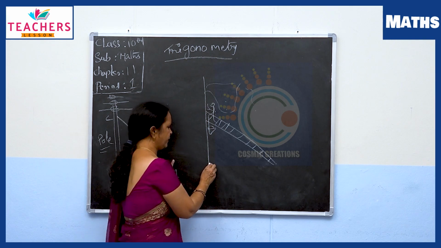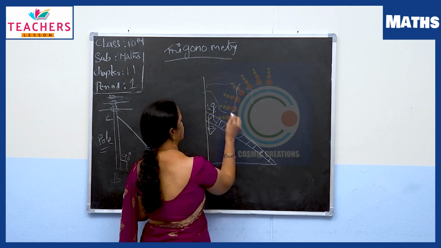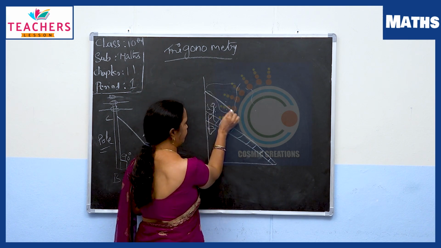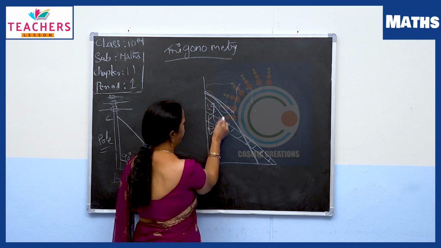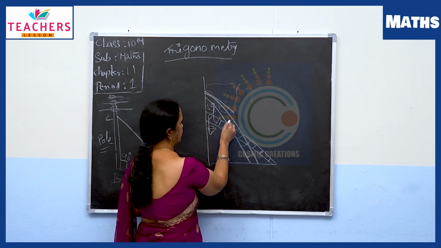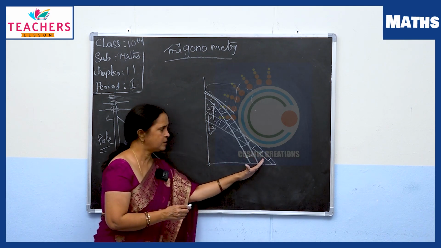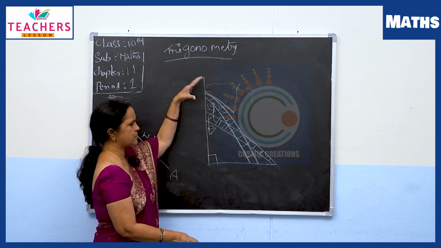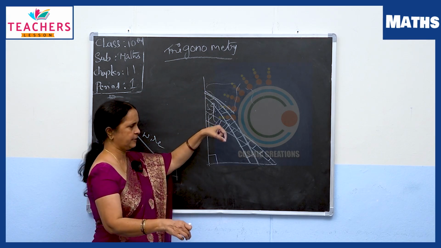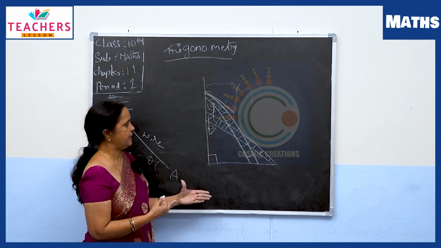Now, if he moves to an upper position, what happens? The ladder moves nearer to the wall. Then what are the changes?